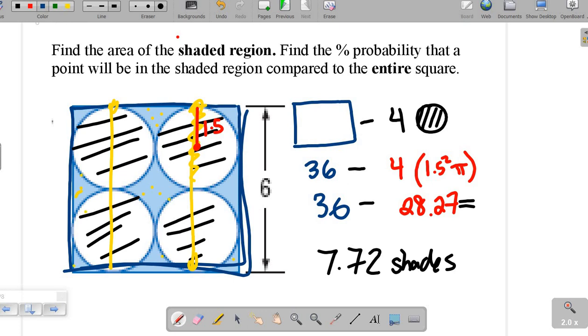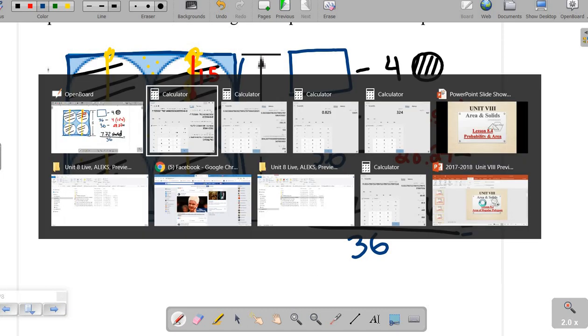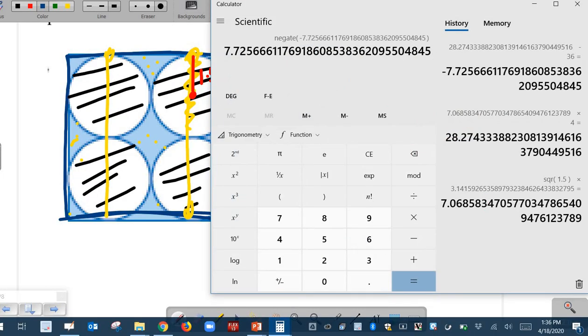we do shaded over the whole, which is 36. You divide, because it's part over whole. So there's our part over our whole.